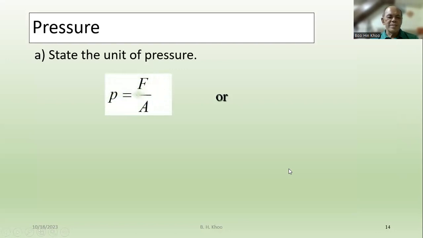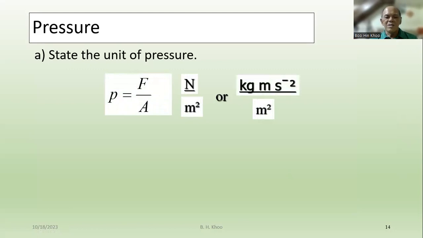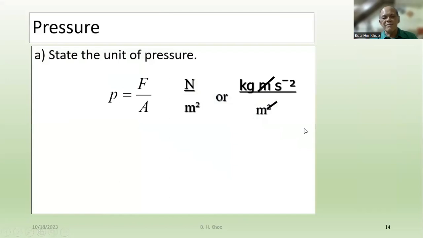State the unit of pressure. Usually you write the formula. Force is in Newton, area is meter squared. So you can call it Newton meter minus 2, or Newton can be expressed as kilogram meter s minus 2. You need to know how to derive this.